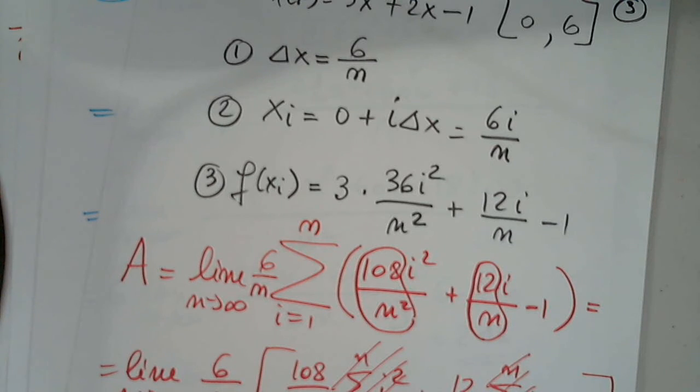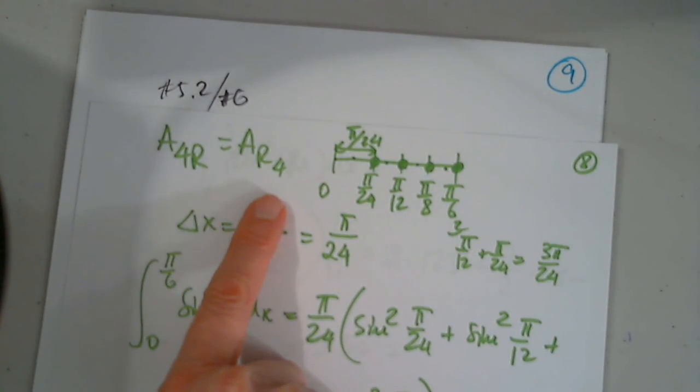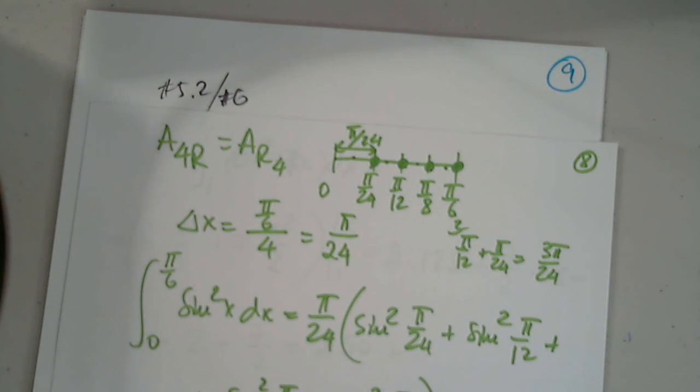Okay, so this is an application of a limit sort of problem. Yes, because we want the exact area. But this is not exact. This is an approximation using 4 subintervals. Is that better?